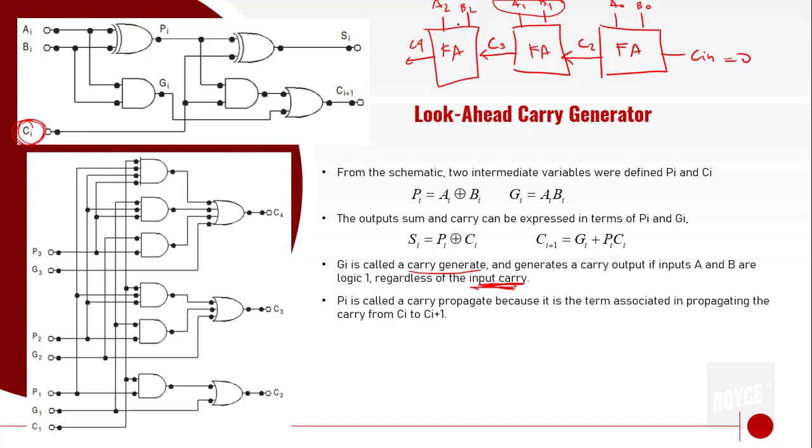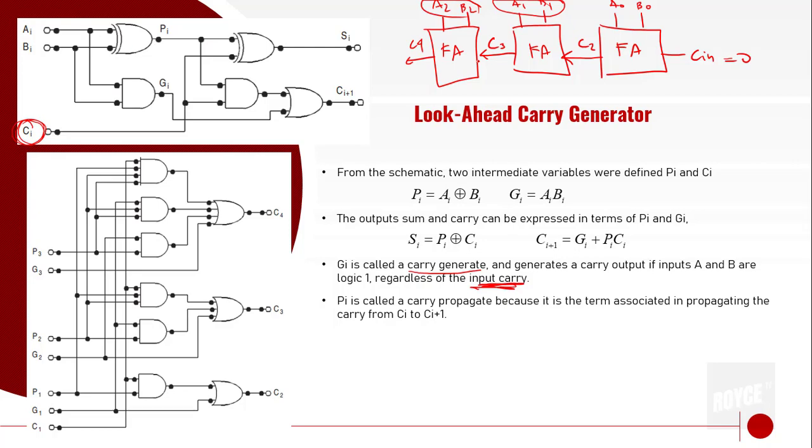Eh, di ba sabi natin, assume natin kanina, na sabay-sabay natin i-input ito, si A2, A1, A0, tsaka si B2, B1, B0. So, kahit hindi pa nakakapag-generate ng C2 itong first adder, at kahit hindi pa nakakapag-operate itong second full adder, kasi inaantay niya si C2, magkakaroon na ng C3. Di ba? Magkakaroon na ng C4. Bakit? Ang tinitingnan niya, ito lang. Wala siyang pakialam dun sa carry input. Okay? So, that's why it's called carry generate.